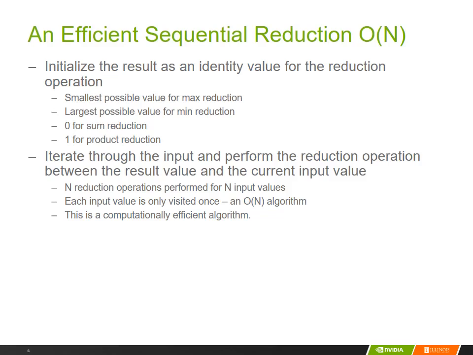So we would visit all the input values and perform this kind of operation. And so we would perform n reduction operations for n input values. And each input value is only visited once. So this is an order n algorithm, and this is a very computationally efficient algorithm.